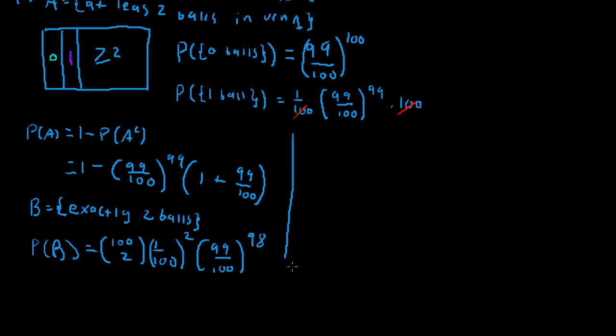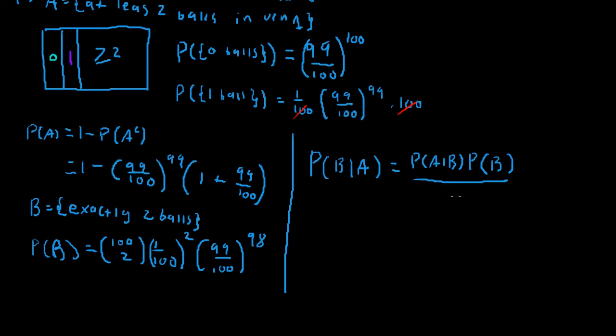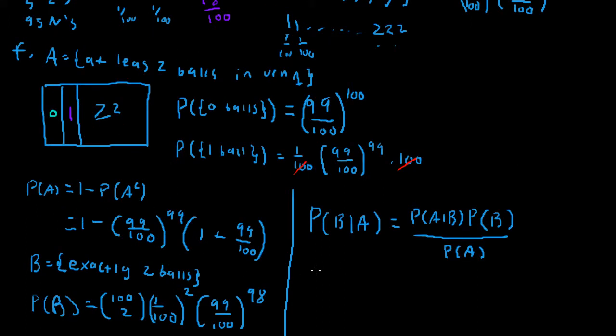Now we just need to use Bayes' rule. So it says, what is the probability of exactly 2 balls given at least 2 balls? So the probability of B given A is equal to the probability of A given B times the probability of B divided by the probability of A. So, okay, we might look at this and say, I don't know the probability of A given B, but A is at least 2 balls, and B is exactly 2 balls.